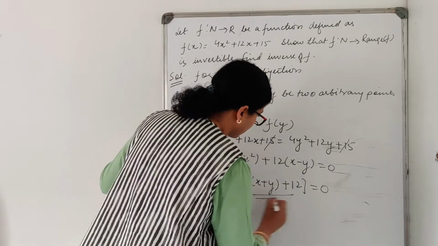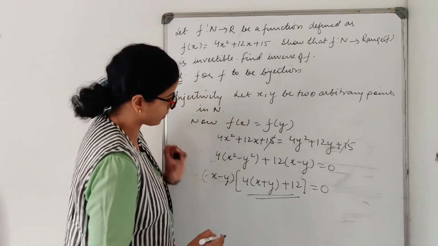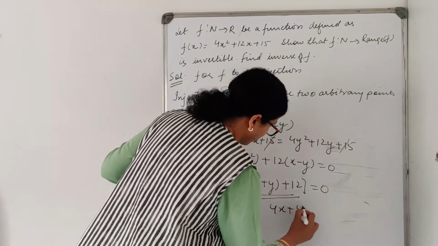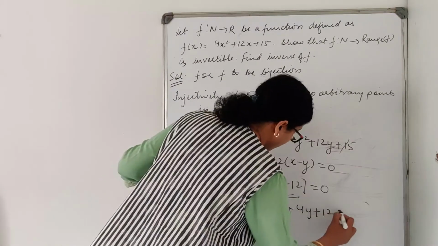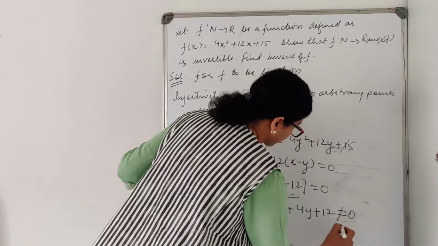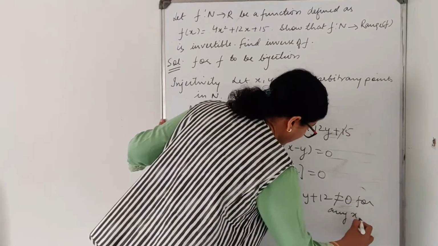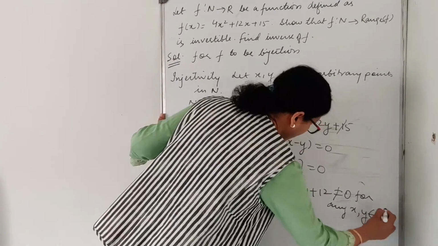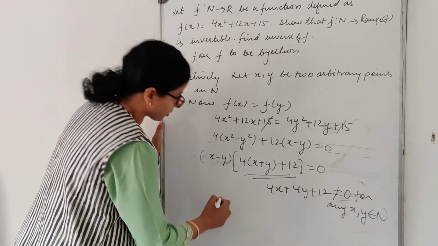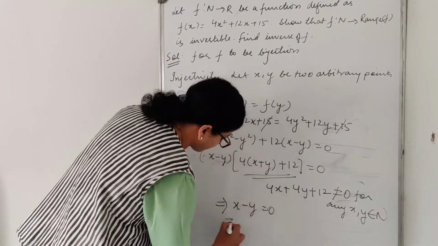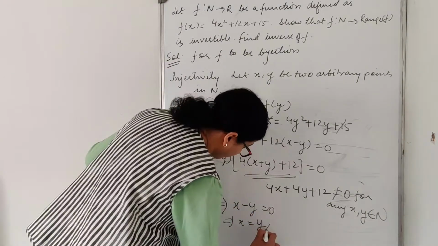Now this quantity cannot be equal to 0. 4x plus 4y plus 12 can't be equal to 0 for any x, y belongs to N. So this implies x minus y equals 0, which implies x is equal to y.